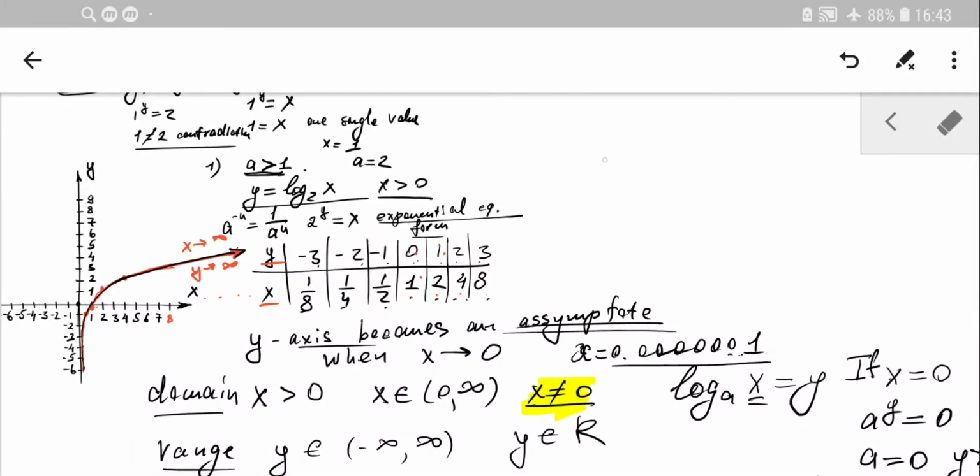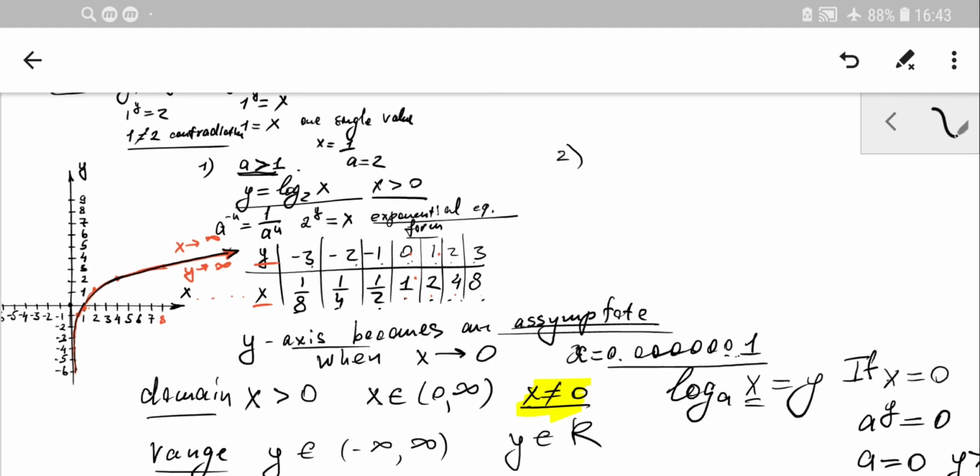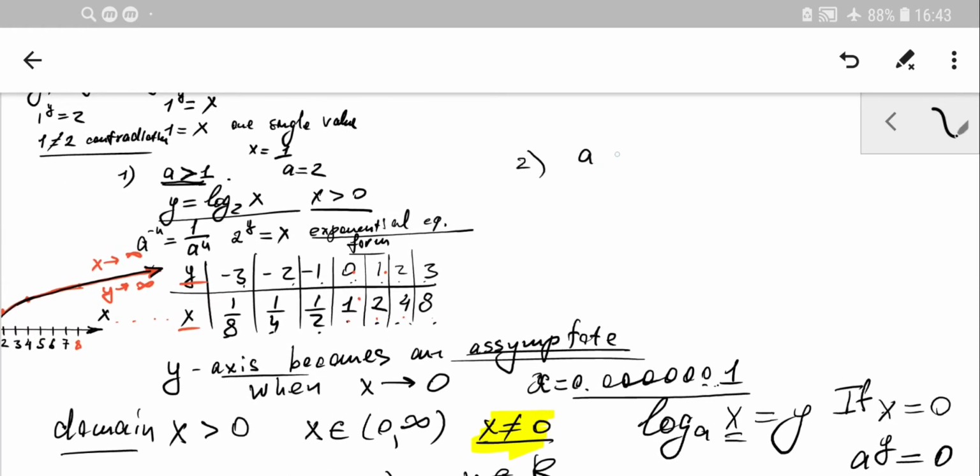Let's say the second case, a is less than 1 but more than 0. Let's say a equals 1/2, and for the specific function we'll have log base 1/2 of x.